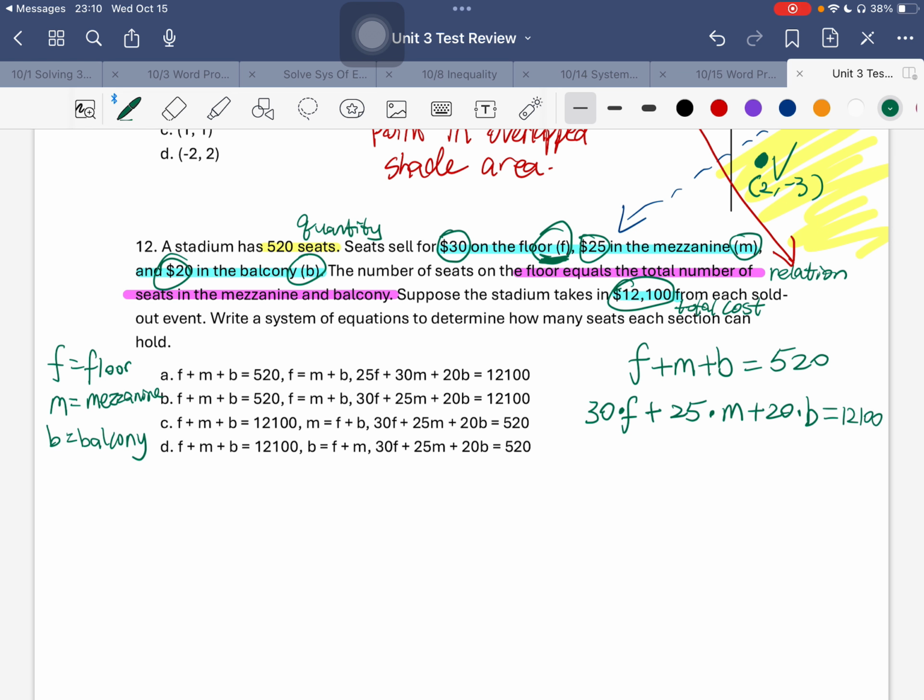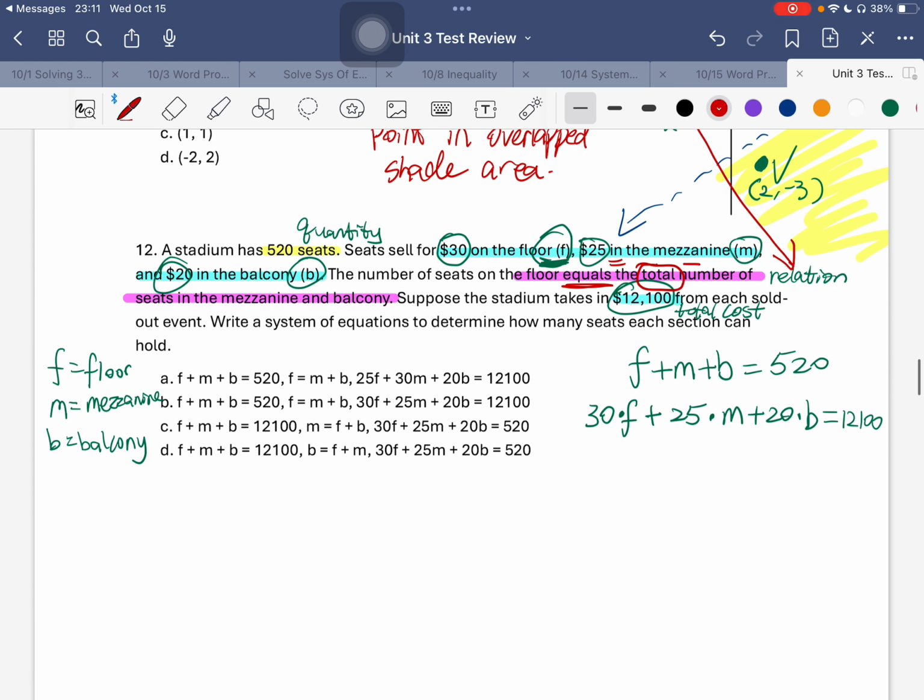Now let's go to equation 3, which is the relation equation. For the relation equation, we use the keywords anchor chart to write down those keywords. The first one is equals, which means it's an equal sign. Total: on the anchor chart, you can see total is plus or addition.